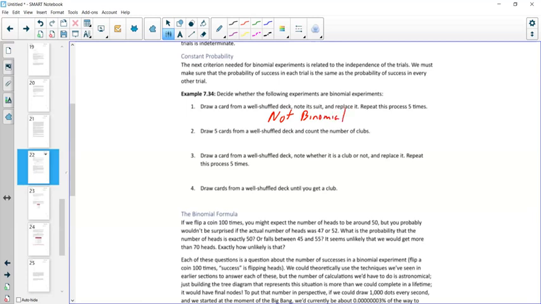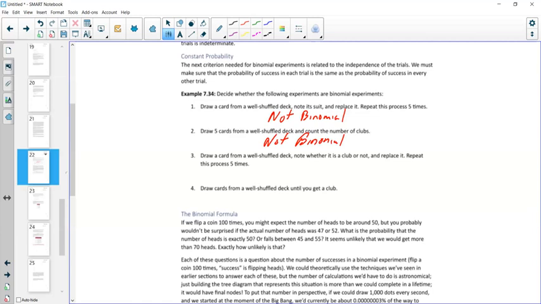Draw 5 cards from a well-shuffled deck and count the number of clubs. Again, we do have a set number of trials, so to speak, but again, what is success? What is failure? Now, if we change this and said getting a club is considered success, we could look at it. And right now, not binomial.